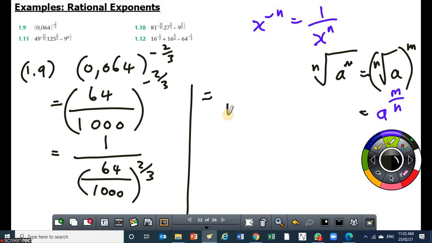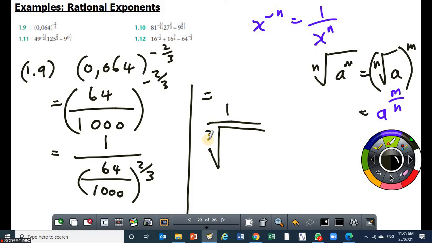So this becomes 1 divided by the cube root, because there's this 3 here. The cube root, our base is 64 over 1,000. The base is a fraction. So this a here is like the 64 over 1,000.